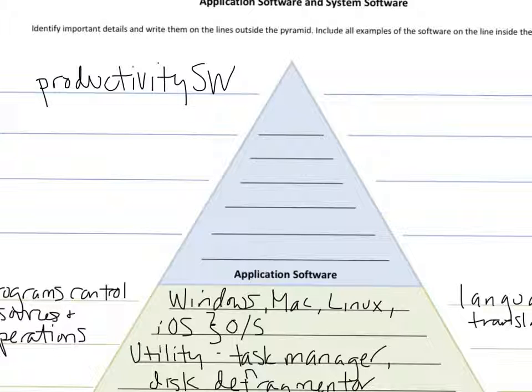Applications. What's application software? How many tasks does this type of software usually perform? One. Usually you buy an application to accomplish one thing, really. All right, so it usually performs one task.